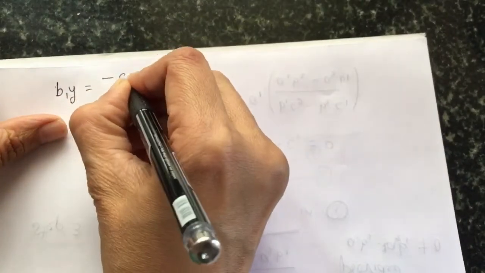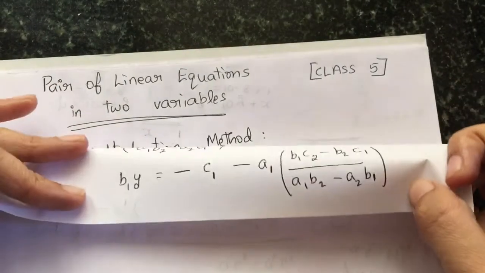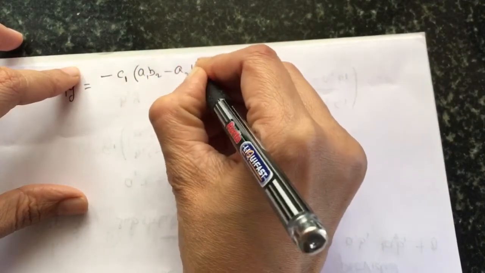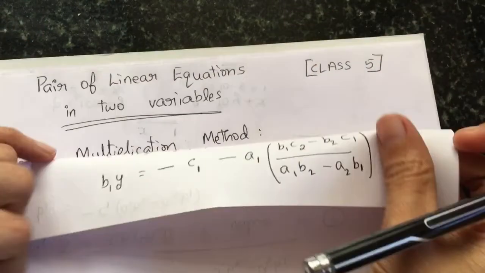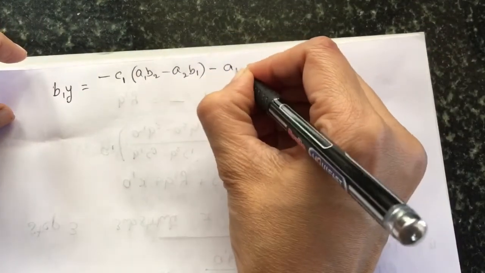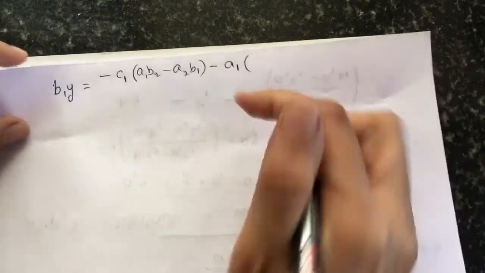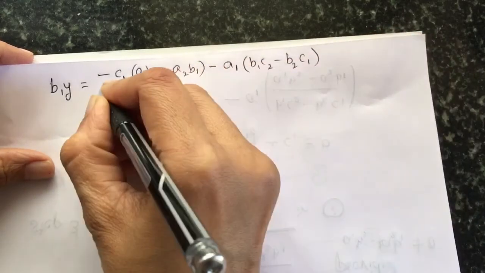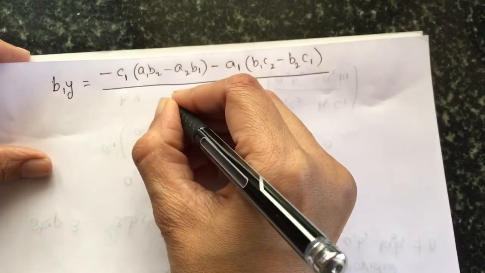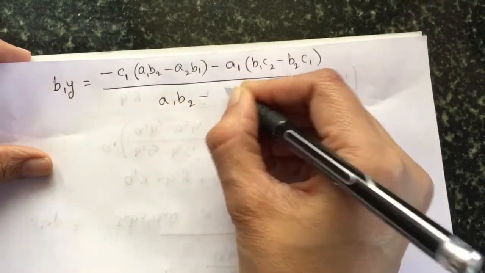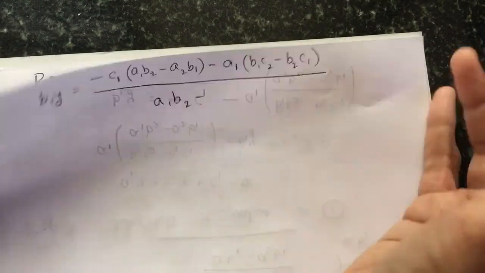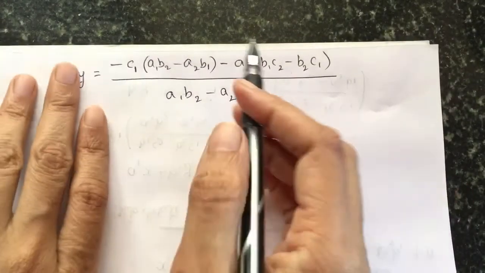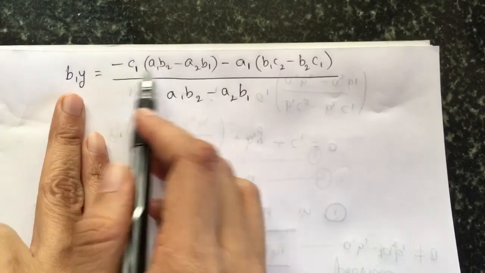Minus c1 into, the denominator part is a1 b2 minus a2 b1, then minus a1 into b1 c2 minus b2 c1, whole thing is divided by a1 b2 minus a2 b1. Right. Okay, now we'll go for simplification.